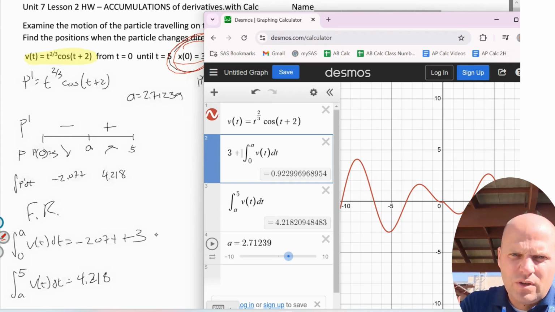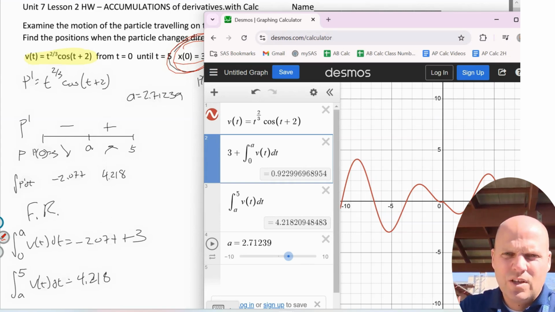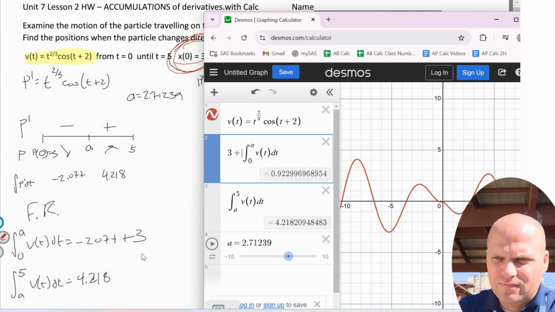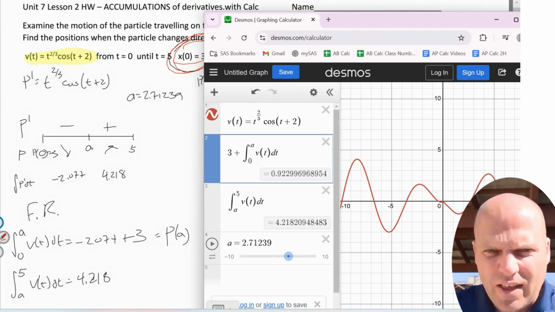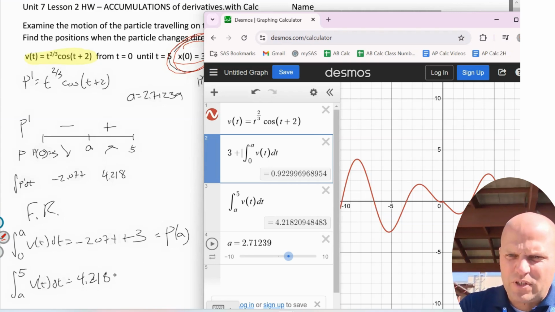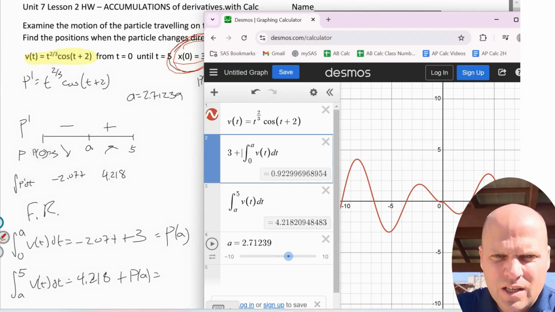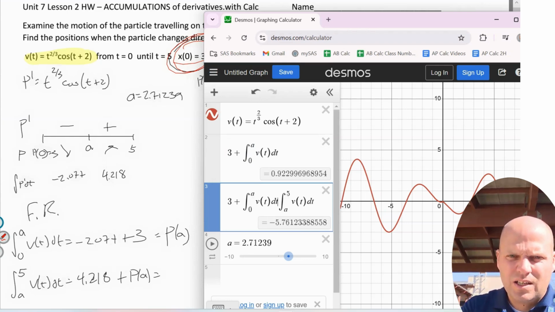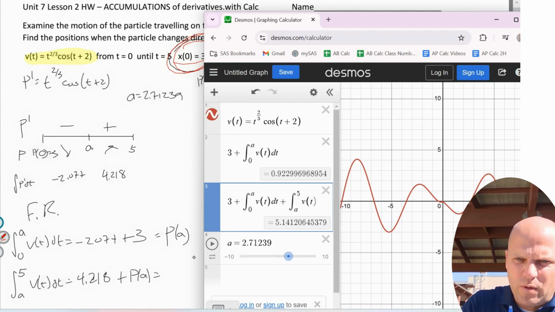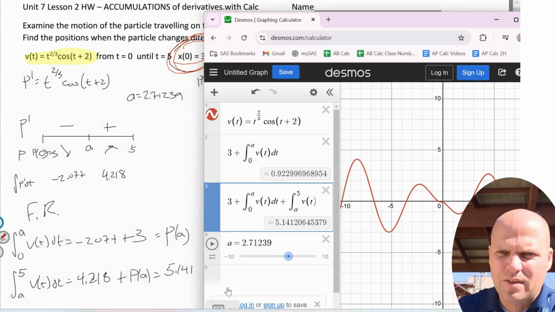And that gives you the position at time A. So if I were to write this out, this is my position at time A. And then if I take my position at time A and add 4.218, I get 5.141, which is my position at time 5.